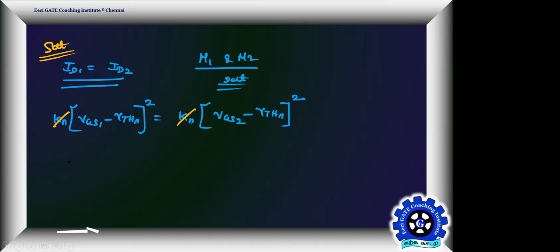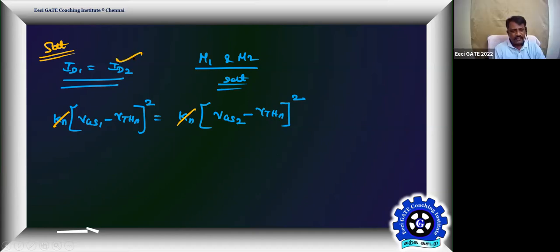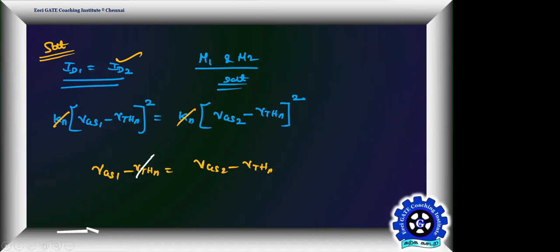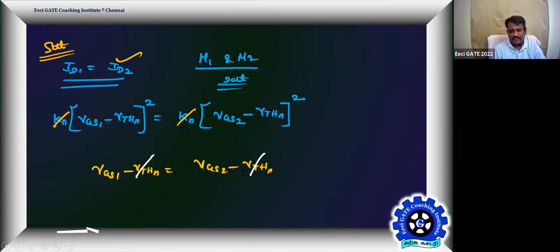Tell me what is your perception now. If these two currents are same and Kn and V threshold are also same, you will end up with VGS1 minus V threshold equal to VGS2 minus V threshold, cancelling the square roots also. The V thresholds get cancelled.